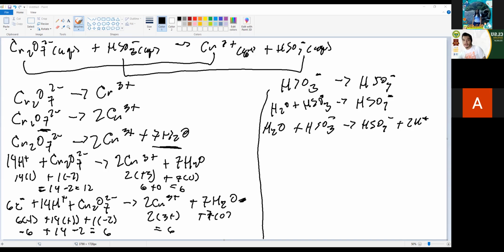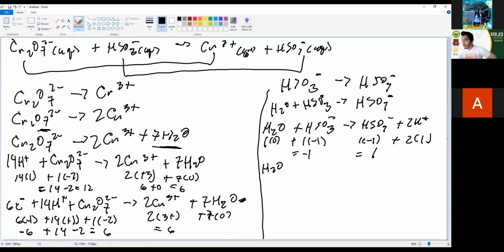So lastly, we will balance the electrons. So dito, computing ulit natin charge, so 1 times 0 plus 1 times negative 1, equal to negative 1. So dito, 1 times negative 1 plus 2 times 1. So negative 1 plus 2 is positive 1. So ngayon, kulang tayo ng electrons. So how do we make positive 1 to negative 1? So magdadagdag tayo ngayon ng 2 electrons.